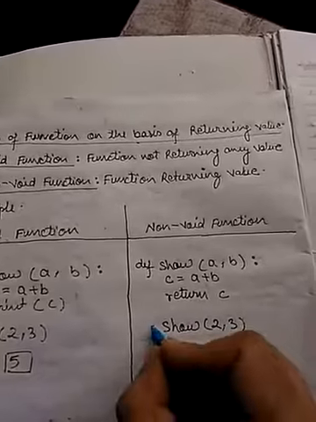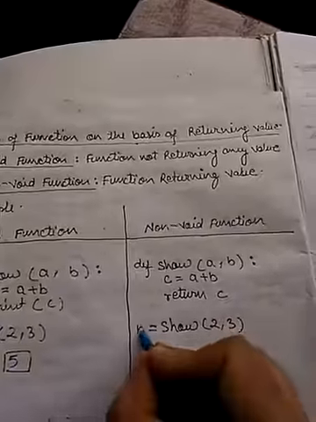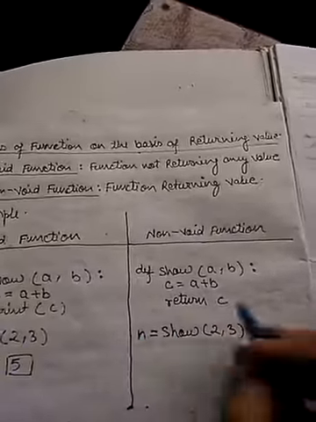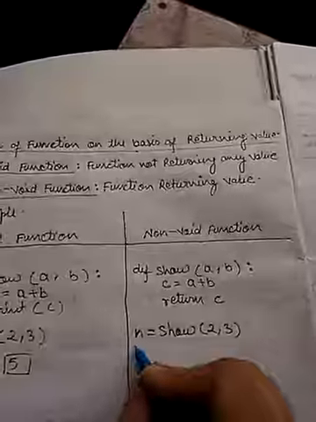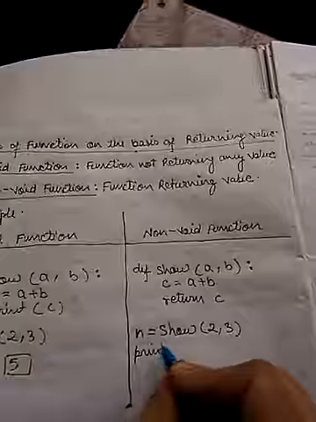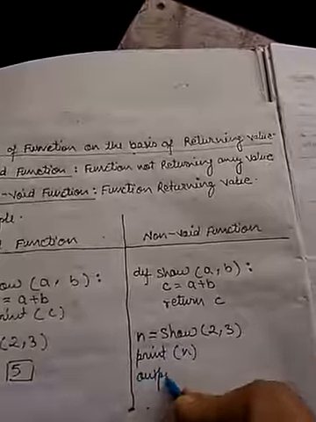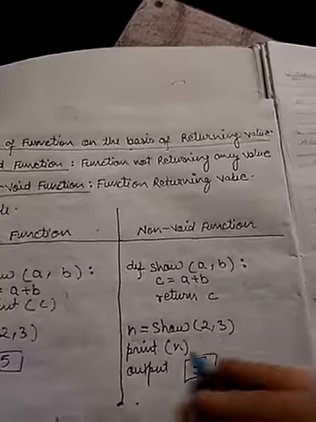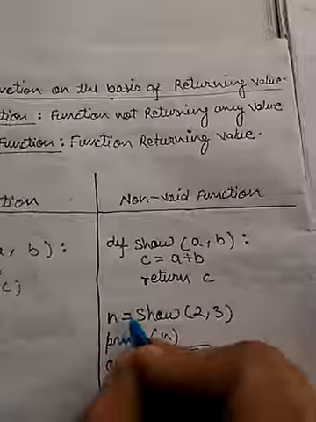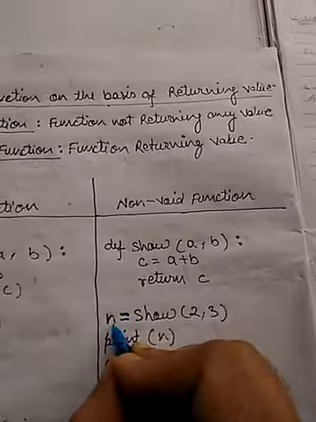There are two ways. Let us assign this value c to some variable, let us say n, meaning this return value will be assigned to the variable n, and if you write print n, you will get output 5. So remember, here we have to use a variable to store the return value.